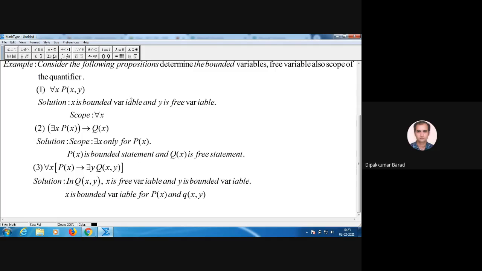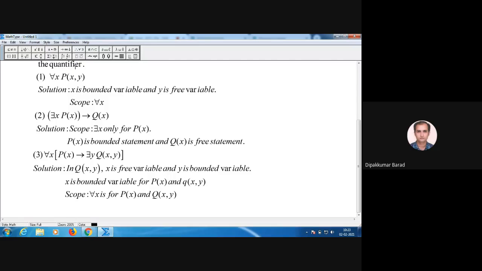And the scope of the variable for all x is for q of x and q of xy, and there exists y is for q of xy.